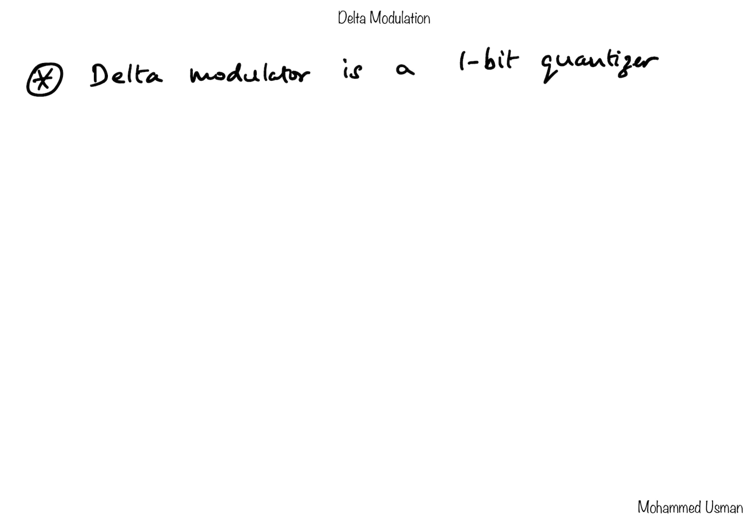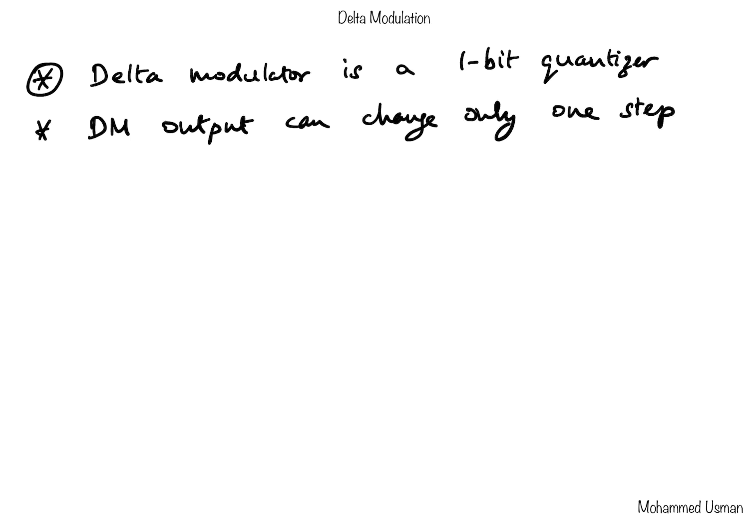So if the output is a 1, it will go up by one quantization step size, and if it is 0, the output will jump down by one step size. So DM output can change only one step at a time.